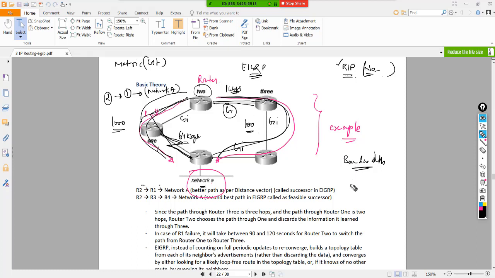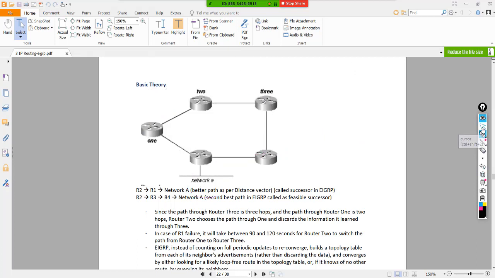It's going to consider bandwidth, delay, and multiple other factors of the links that the packets are traveling. Based on these, it's going to calculate the metric, and that's how you will know which is the better path in case of EIGRP. That's something we will see in the coming few slides.